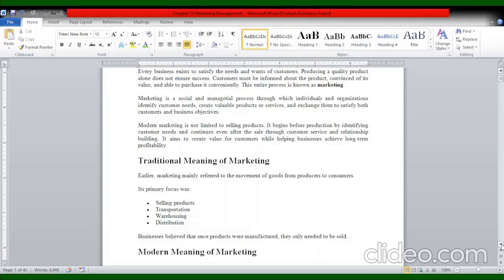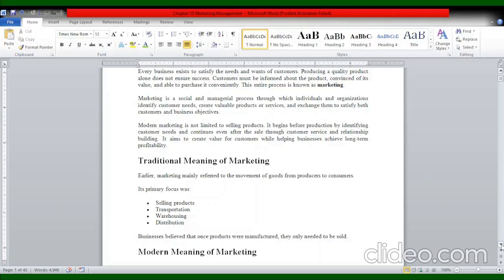So this is very fundamental, and you can understand this. There is a concept related to traditional marketing. It will help you understand how you do your traditional marketing, how you sell your product and distribute it to a particular customer. But modern marketing is quite different from the traditional view.